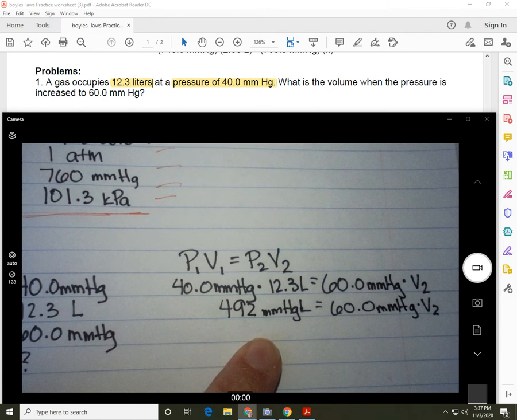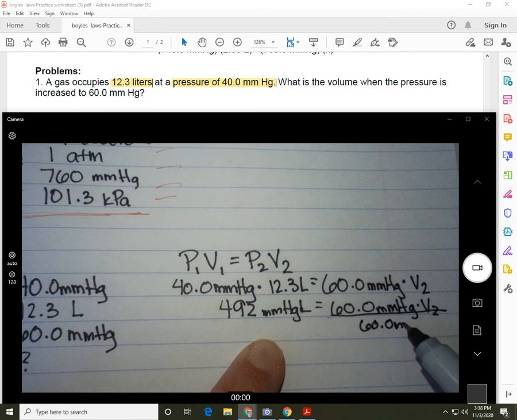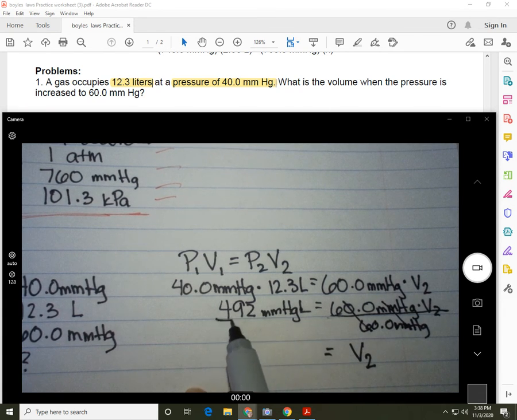In order to get the V2 by itself, I need to do the opposite operation. If I'm multiplying here, then I need to divide to get rid of this number and get the V2 out by itself. Notice it cancels out the units, cancels out the number. I'm left with V2 on the right side. But I have to make sure to do the same thing on both sides of the equation. Otherwise, it's not an equation. It's not an equal.